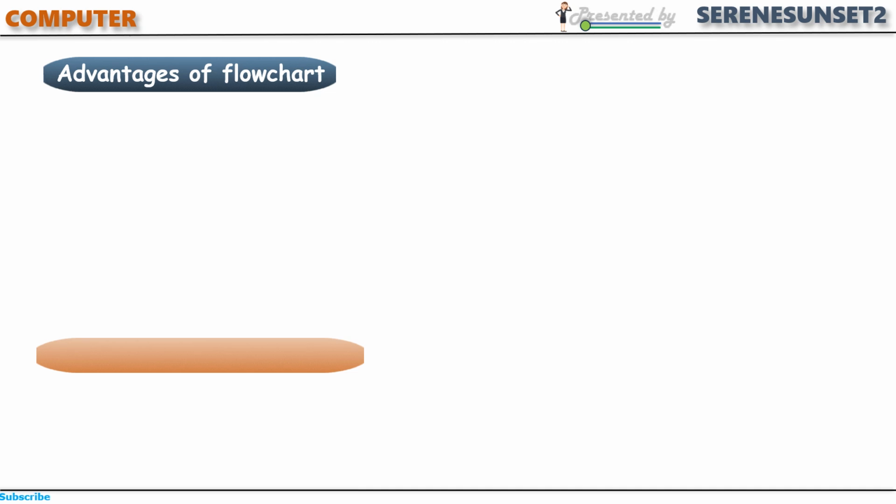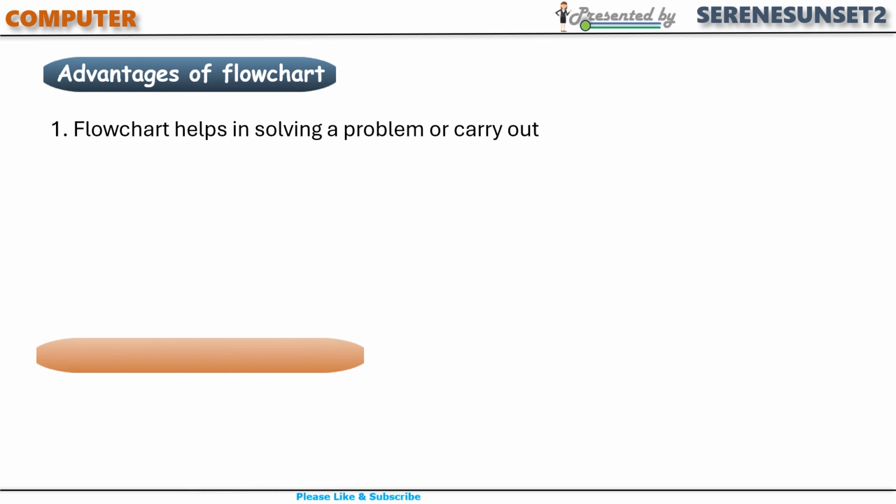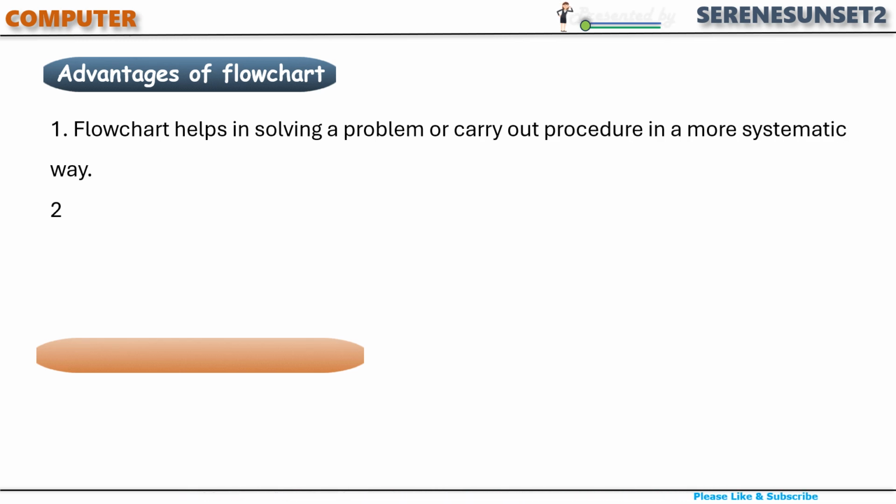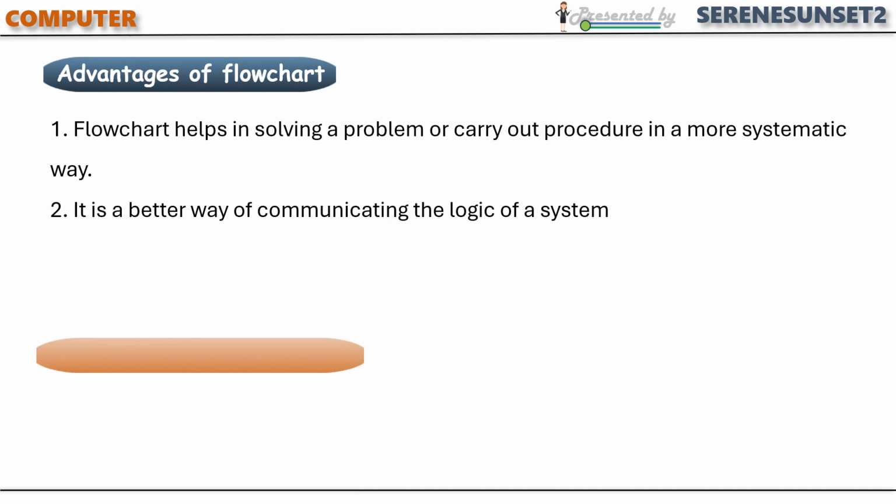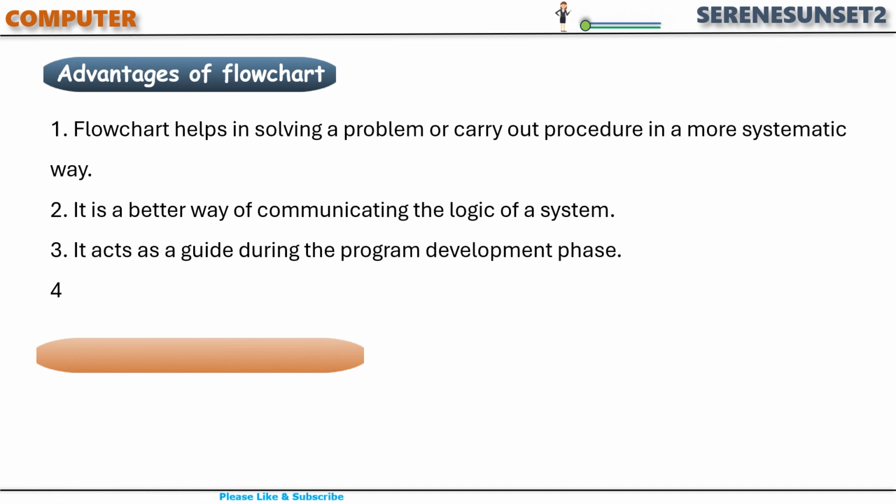Advantages of flowchart. First, a flowchart helps in solving a problem or carrying out a procedure in a more systematic way. Second, it is a better way of communicating the logic of a system. Third, it acts as a guide during the program development phase.